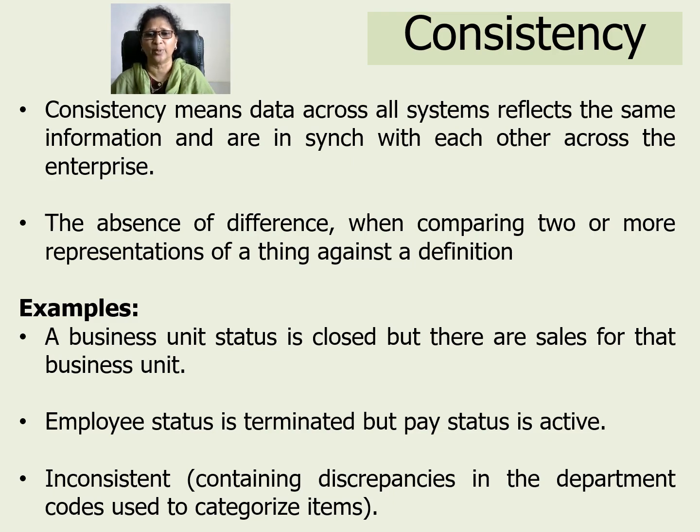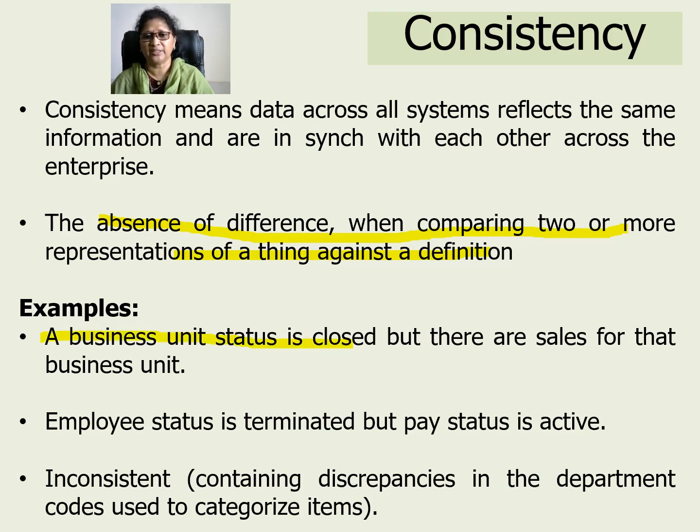We just learned that for height, somebody is writing in centimeters, whereas somebody is writing in feet and inches, so it is not said to be consistent data. It could be a temperature measurement. Somebody is writing in Fahrenheit, somebody is measuring and writing in Celsius. The absence of difference when comparing two or more representations of things against the definition, we refer to as consistency, and a difference is inconsistency.